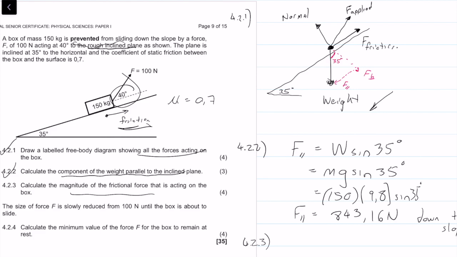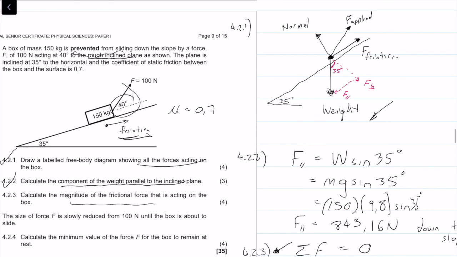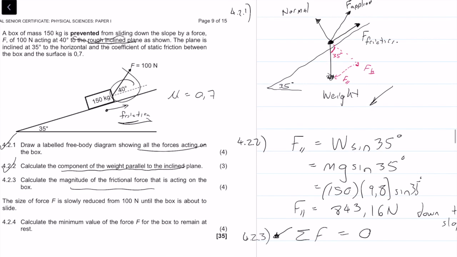So I'm going to say that the sum of the forces in the downwards direction is equal to 0 because it's not moving. If it was moving, it would be equal to mass times acceleration, but it's not, so it has to be equal to 0. I'm going to take that upward direction as being the positive direction. So what we have is force friction.